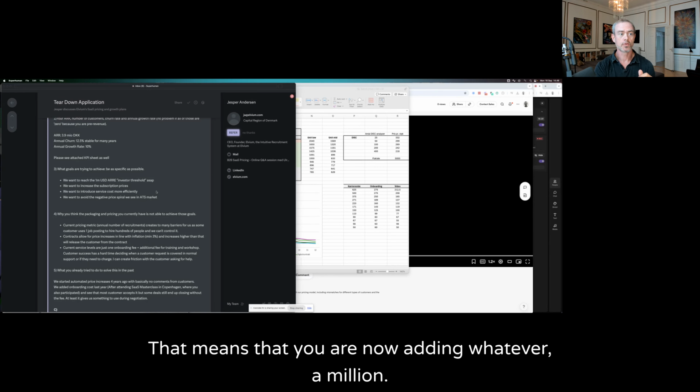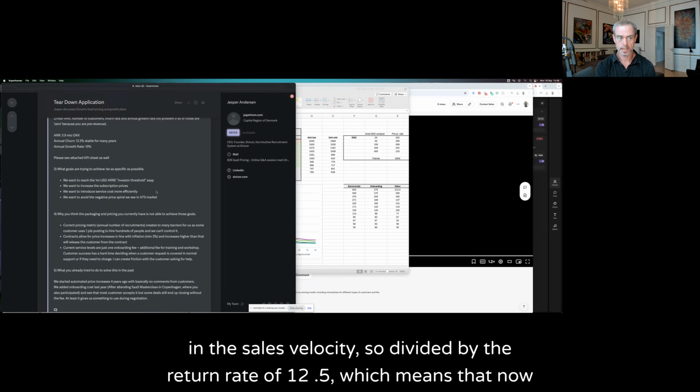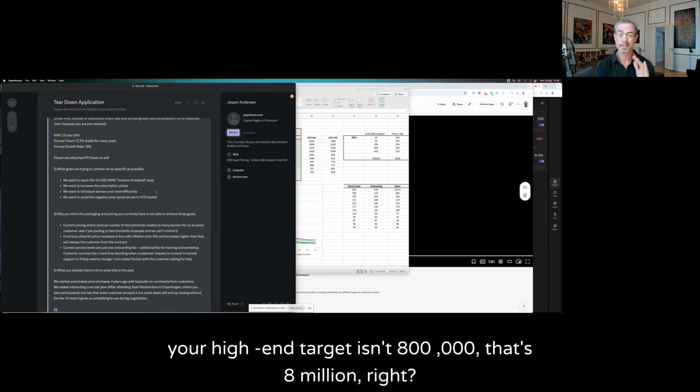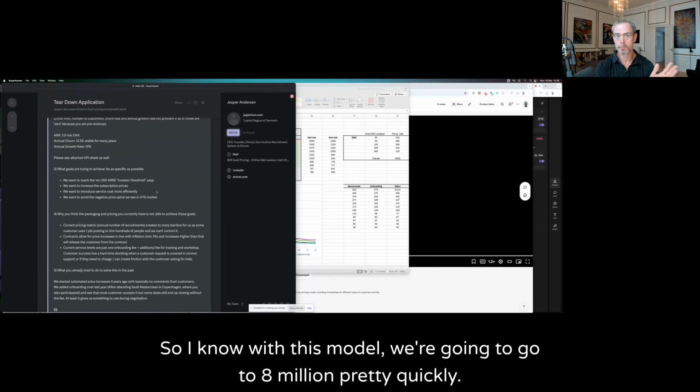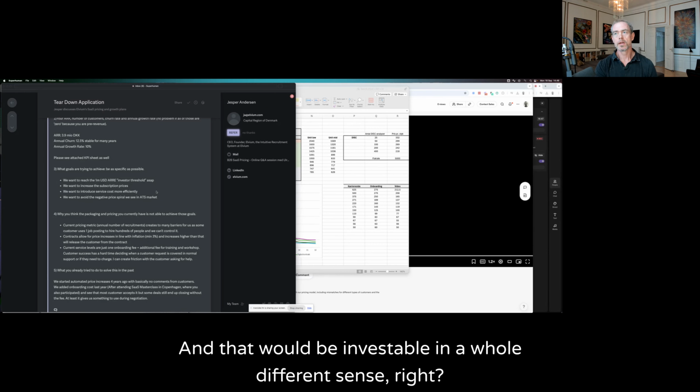That means that you are now adding, say, 1 million in sales velocity, divided by the churn rate of 12.5, which means that now your high-end target isn't 800,000, it's 8 million, right? So I know with this model, we're going to go to 8 million pretty quickly. And that would be investable in a whole different sense, right?